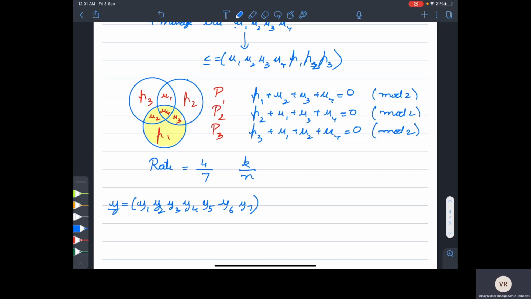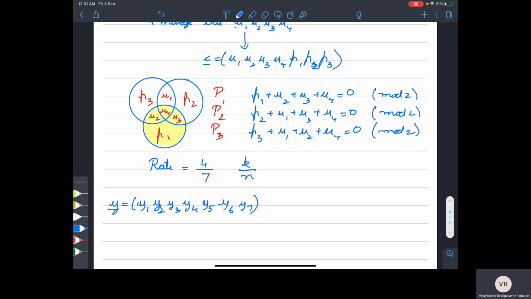If the bits U1, U2 or U3 are affected, then two of the three parity check equations are affected. That is, they are not satisfied.